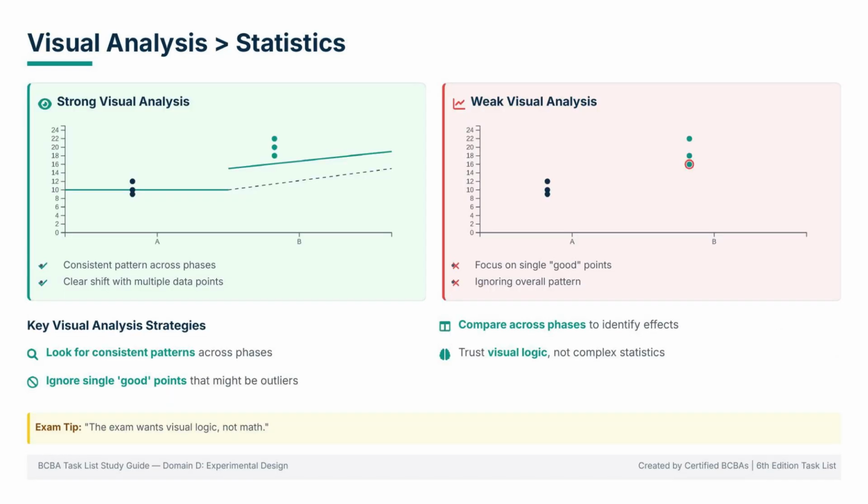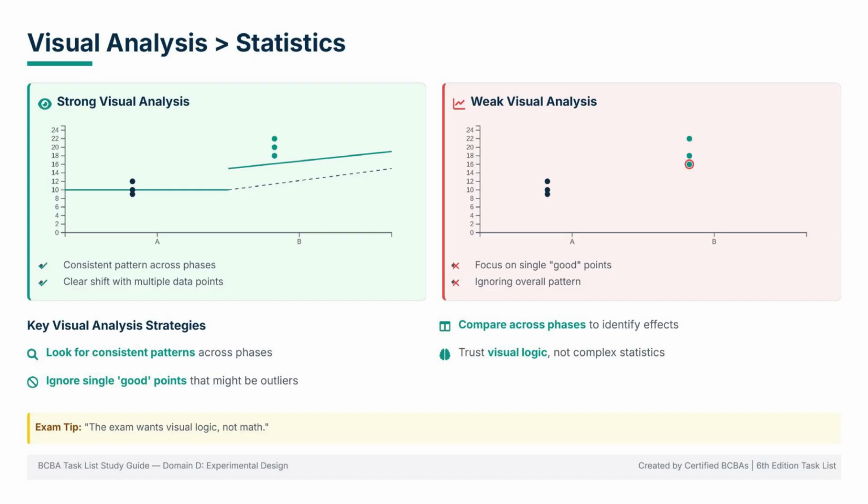In BCBA exams, visual analysis takes priority over statistics. What does that mean? It means you are looking for patterns in the data, not trying to perform complex calculations. A strong visual analysis shows a consistent pattern across phases, like baseline to treatment. A clear shift after introducing the independent variable, backed by multiple data points.